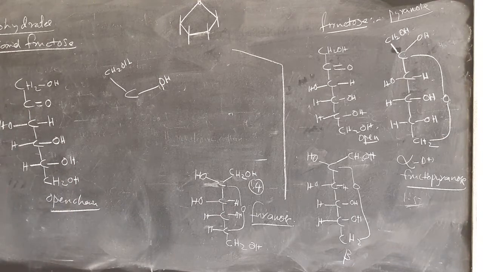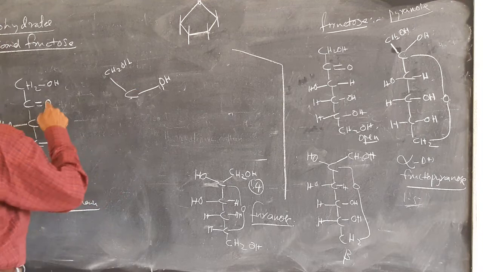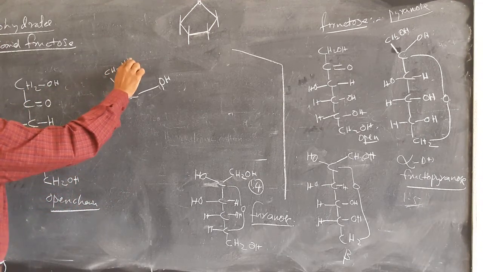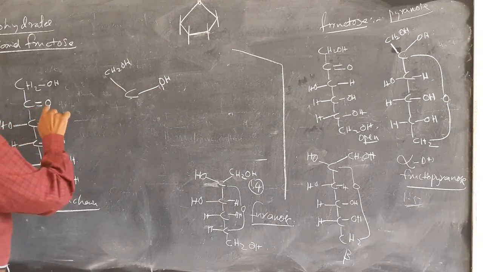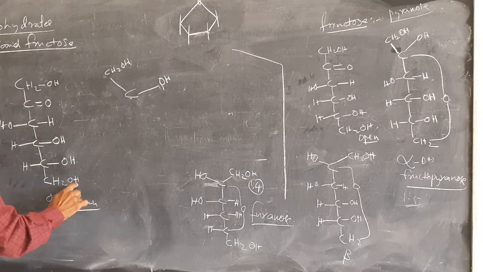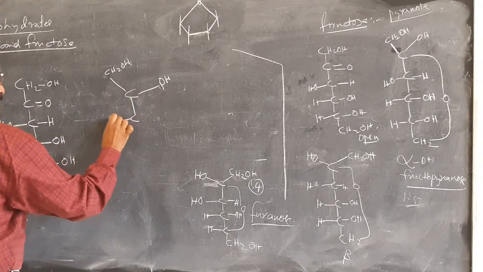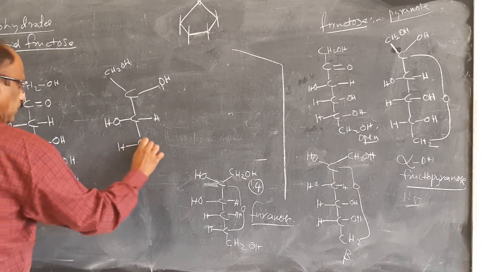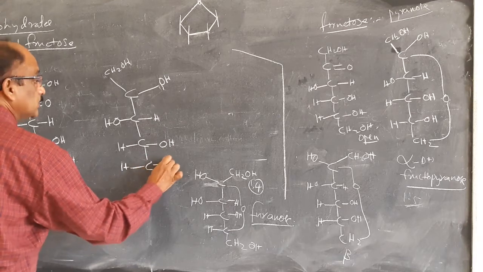Let us go to the pyranose structure, a 6-member system, starting from here. CH2OH you have written here. There was an oxygen here, and to this oxygen goes the last hydrogen atom. So here we see OH, H, CHOH, and CHOH.